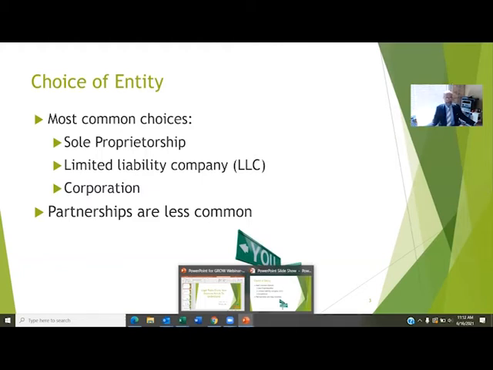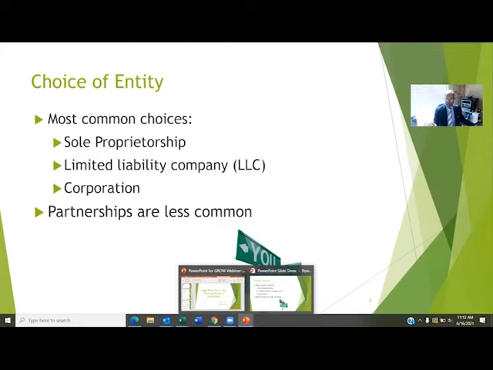You have accountants working for you, you have attorneys working for you. There's a lot of moving parts that go into that. So if you think about it on that scale, everything from one man, one woman on up to your big companies and corporations, that's the range of choices of entities.